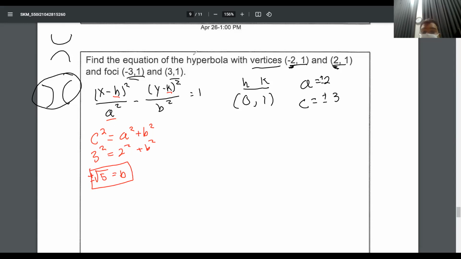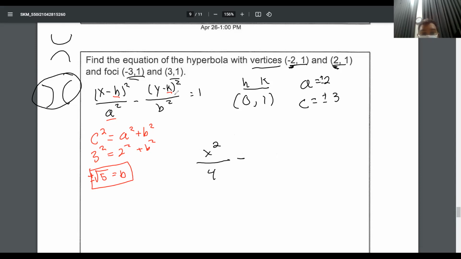Since I only asked you for the equation, I don't need the asymptotes in this case. We're not graphing anything. We can just plug in everything we have. It's horizontal because the vertices are moving horizontally, so the x goes first. x minus the h, which happens to be 0, so I don't put anything, I just put x squared over a squared, which was 2, so it's 4.